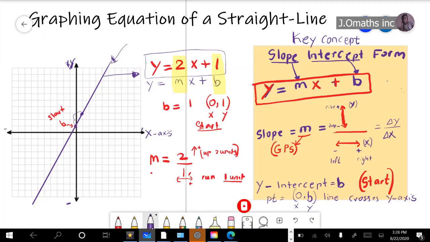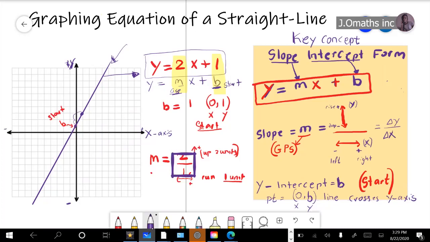I hope this helps, and we're going to have more examples. But remember, the b is the y-intercept, the point where we start, and the m is the GPS, how we go. The slope, which is the m, has to be written in fraction form, with the numerator being a rise when it's positive or a drop when it's negative.